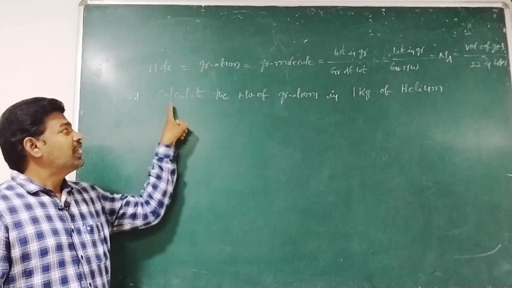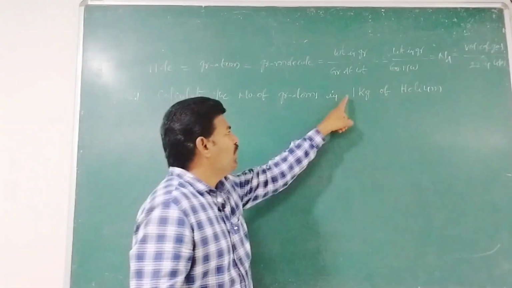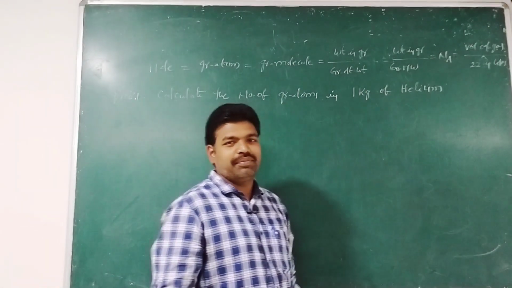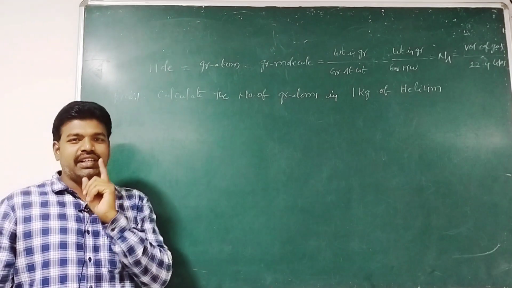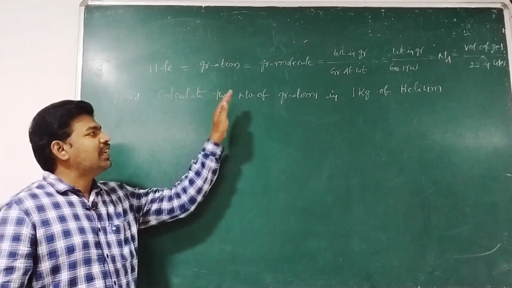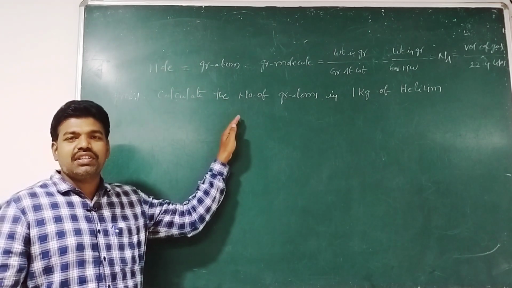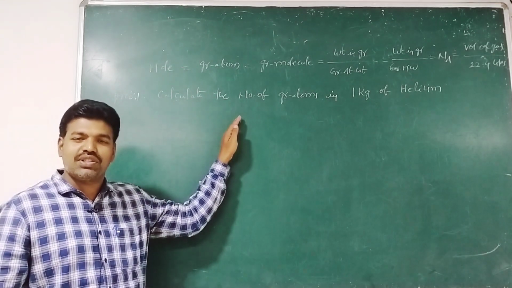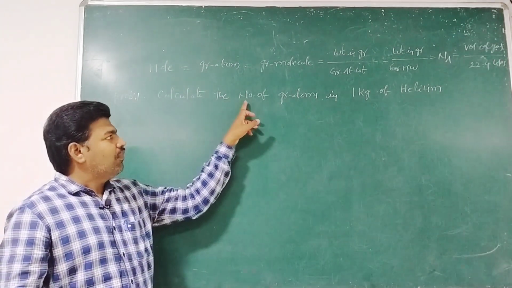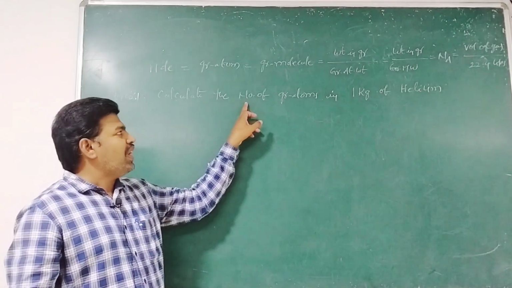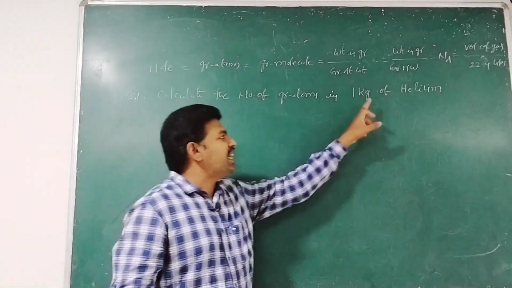Problem 1. Calculate the number of gram atoms in 1 kg of helium atom. Already I told you that solving the problem is nothing but application of the concept we understood. Here, what we have to calculate is the number of gram atoms in 1 kg of helium.